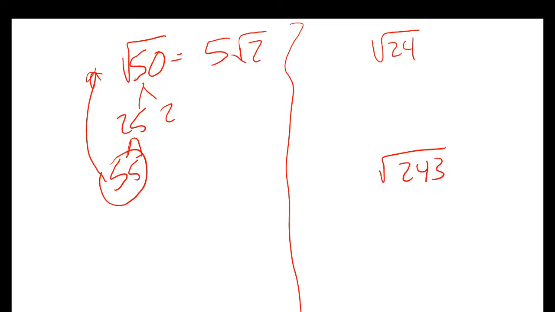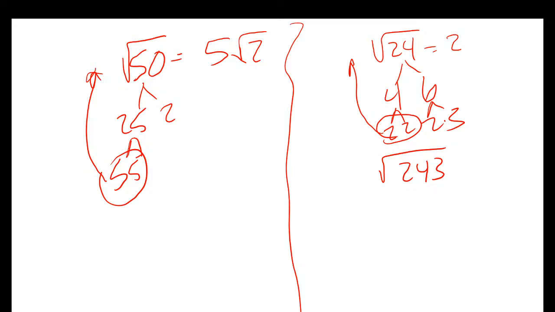Very good. So 24 is 4 times 6. 6 is 2 times 3. 4 is 2 times 2. Now, again, we're looking for groups of 2. So we're going to pull this 2 out, and we're going to get 2 square root of 6. Once these come out, these two are not the same, so you have to leave them under the square root.